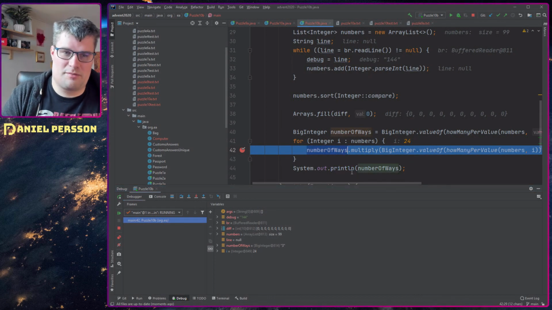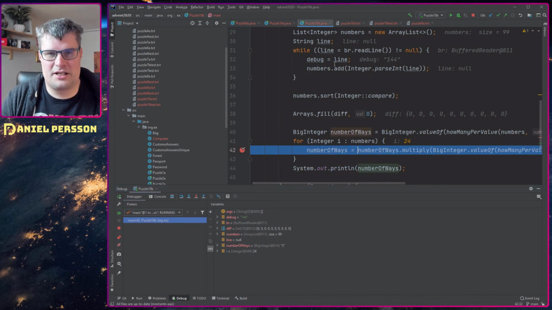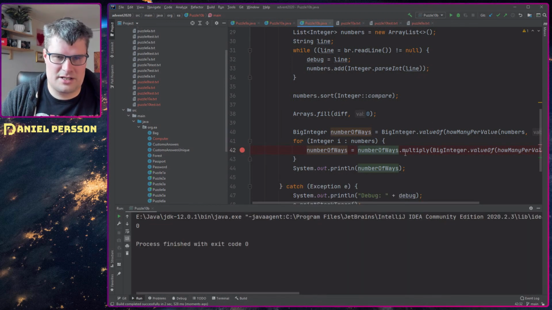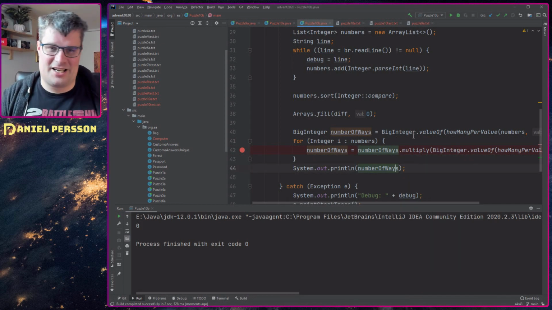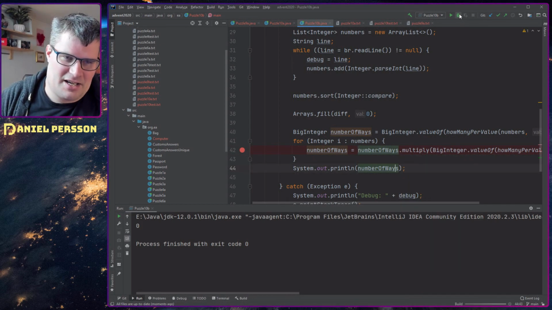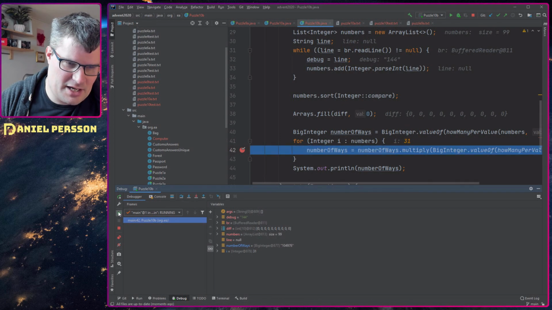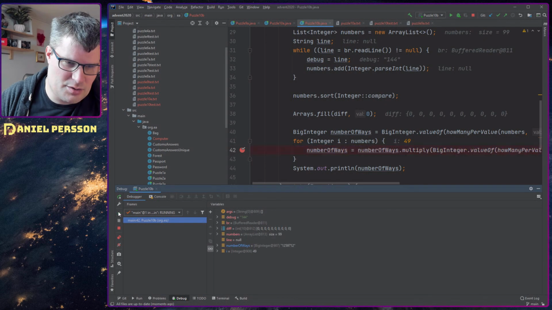So we don't do the multiply at all because it returns a value that we need to assign. Oh my god. And now we get 0. Oh, this is annoying. Let's see here. So now it actually does the multiplication and it goes up a lot here.